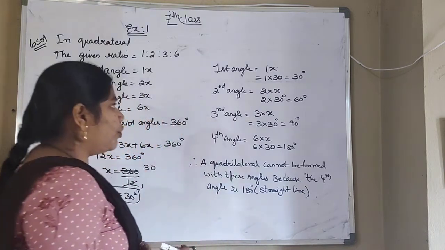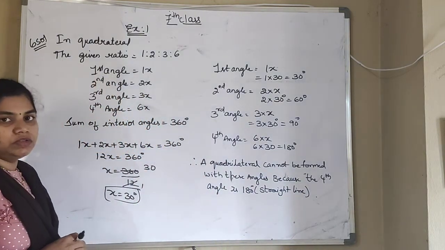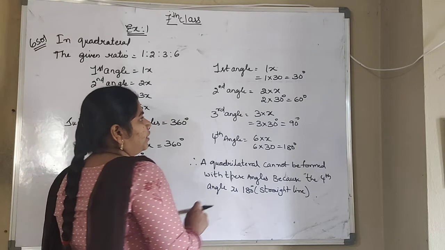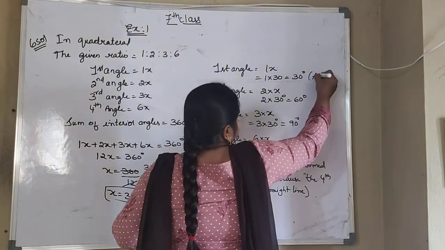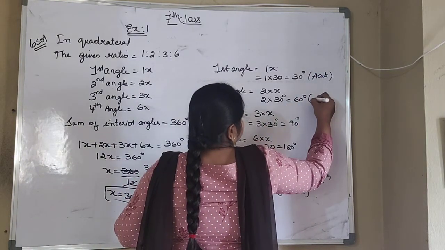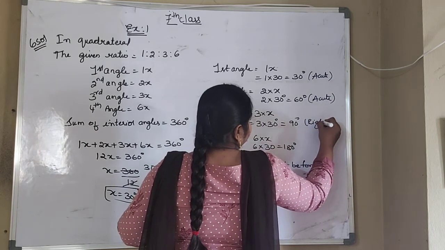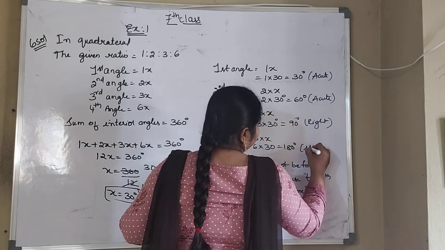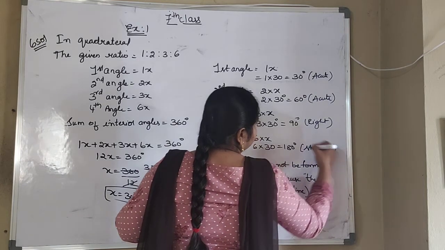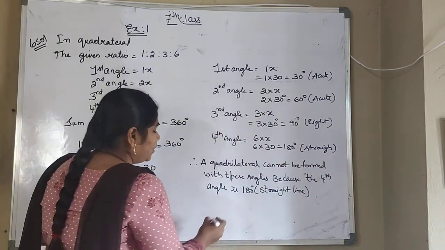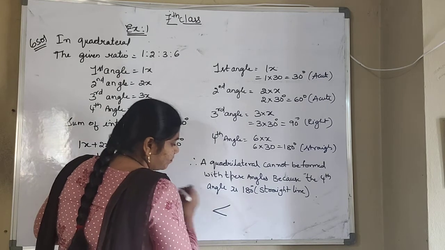Okay, if you want, you can try by using a figure. 30 degrees is an acute angle, 60 is also an acute angle, 90 is a right angle, and 180 is a straight angle. So the acute angle 30 degrees will be like this.